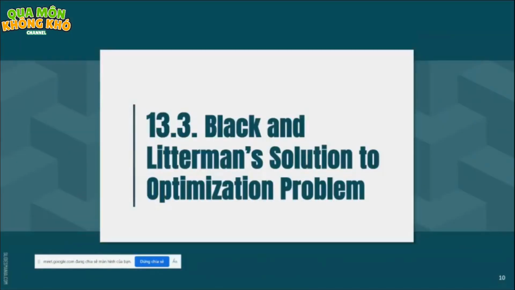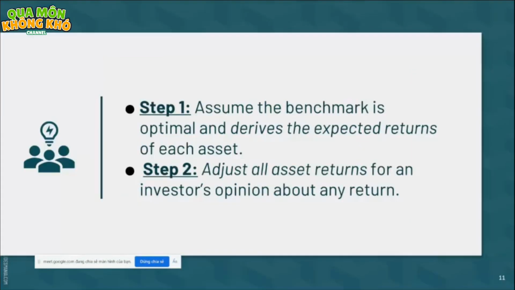So the next part, part 3, is Black and Litterman's solution to the optimization problem. The Black-Litterman approach consists of two steps.